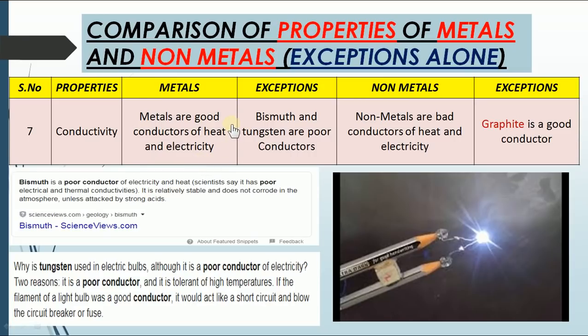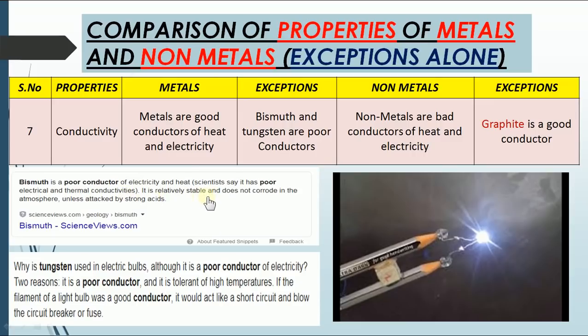Now there are some exceptions. Some metals like bismuth and tungsten are bad conductors. For example, I couldn't find any picture regarding this, but I could see some information about bismuth. Bismuth is a poor conductor of electricity and heat. Scientists say it has very poor electrical and thermal conductivities.